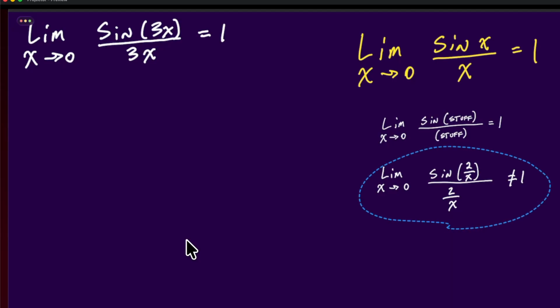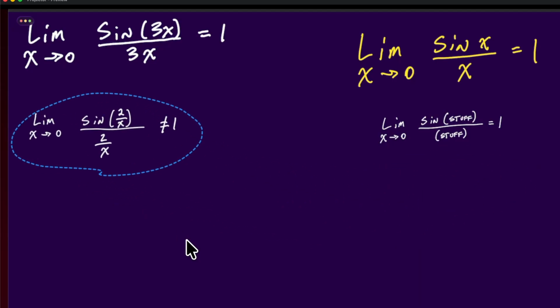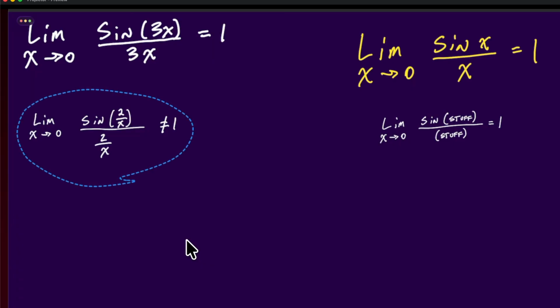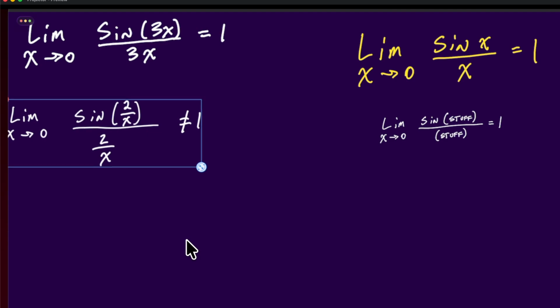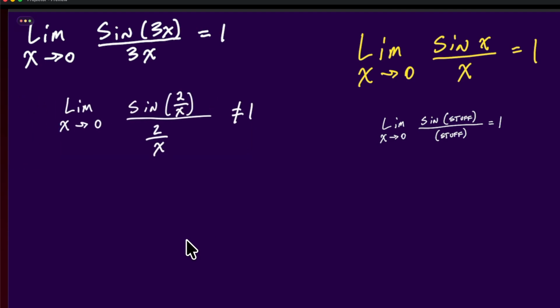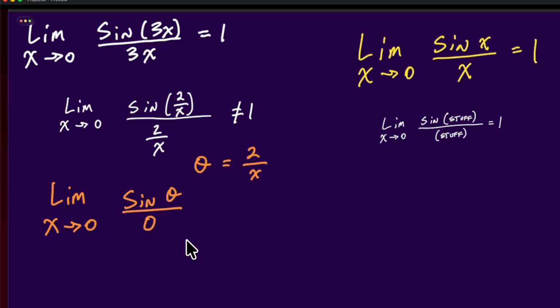Okay, so here we have a different look of the argument. Now, all of a sudden, the x is in the denominator. Okay, so now we're going to do the same thing. We're going to say the limit as x approaches 0, and this time we're going to let theta equal 2 over x. That means we're going to have the sine of theta over theta.